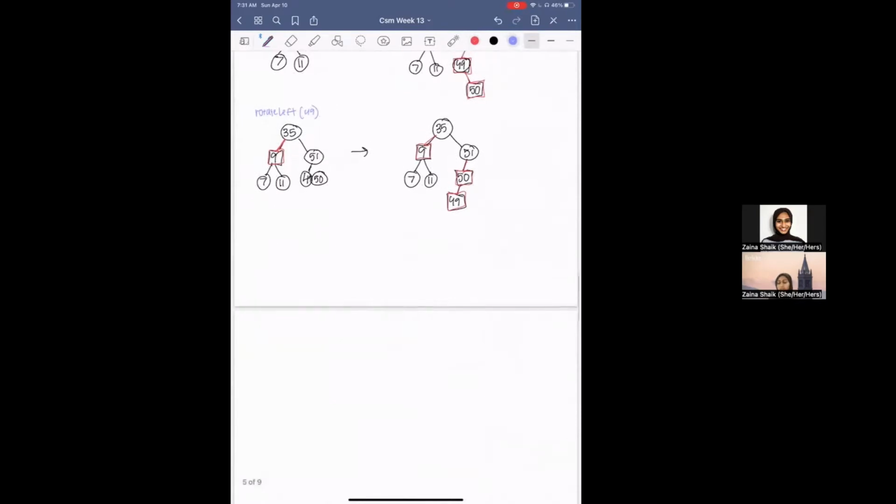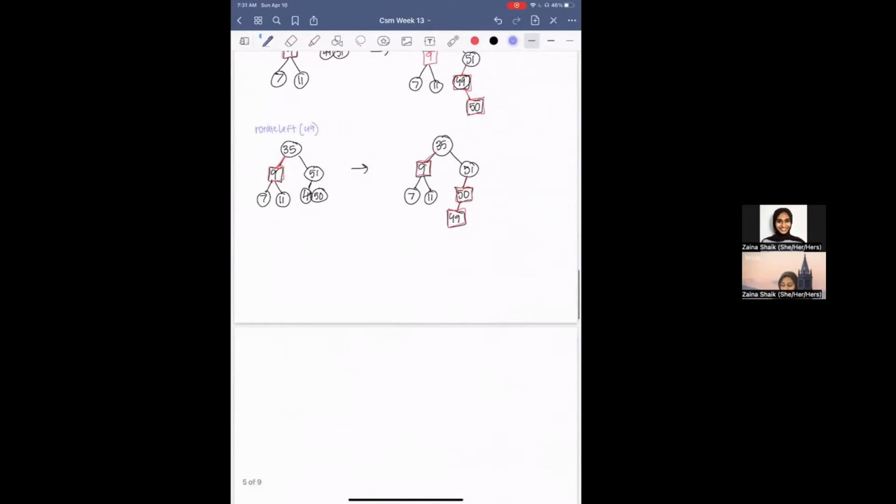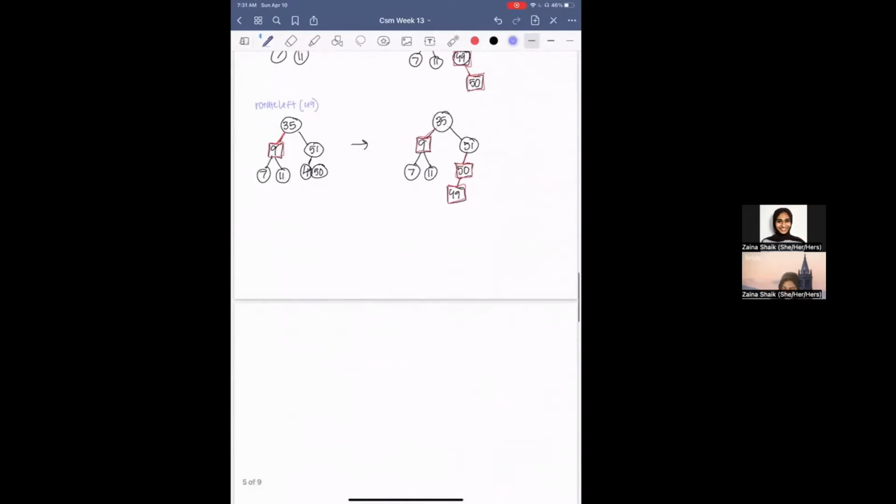So now we have another violation. We have two left-leaning red nodes. So we can rotate right on the parent. So rotate right on 51.